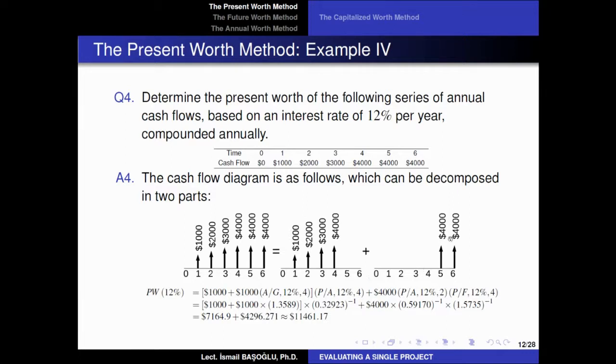And at this part, we are going to calculate the present value of the second part of this decomposition. And the values are always checked from the first table here because we have discrete periodic compounding with discrete payments. And the final value is going to be 11,461.17 if we use the tables. Okay.